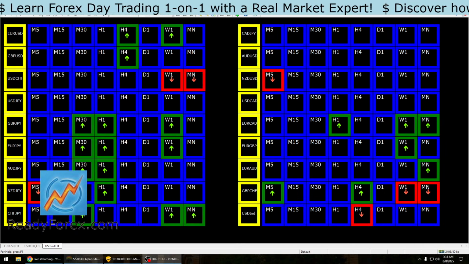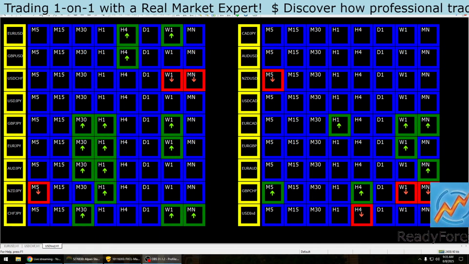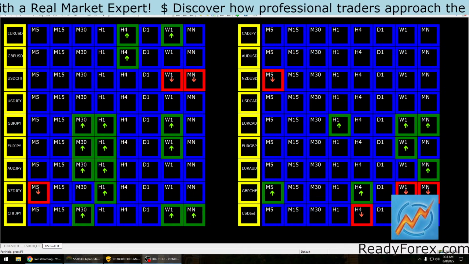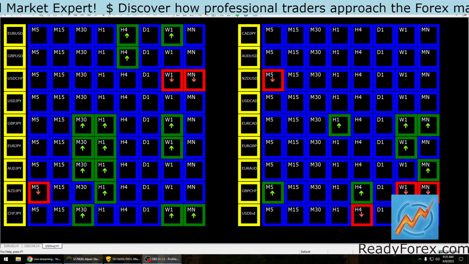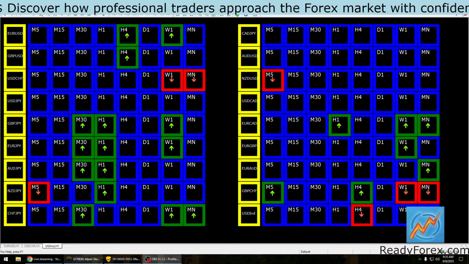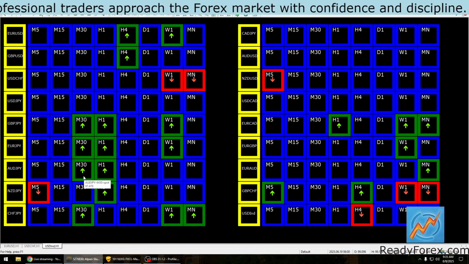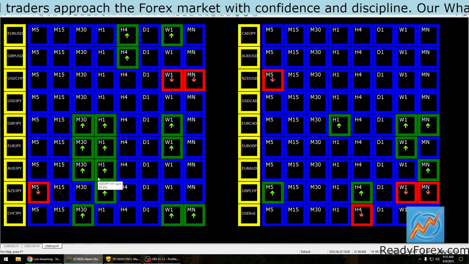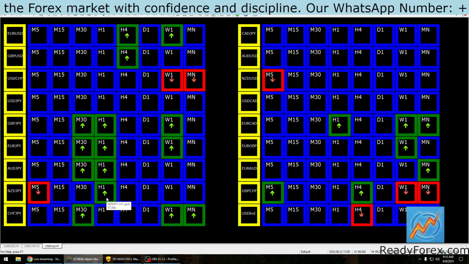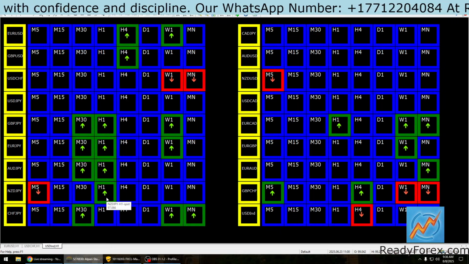Let me move this image over here, it's blocking the view. Okay, so right now you see that for the AUDJPY at least 2 time frames are bullish. For the NZDJPY, 1 time frame is bearish, 1 time frame is bullish, so I'm not much interested to trade the NZDJPY currency pair.